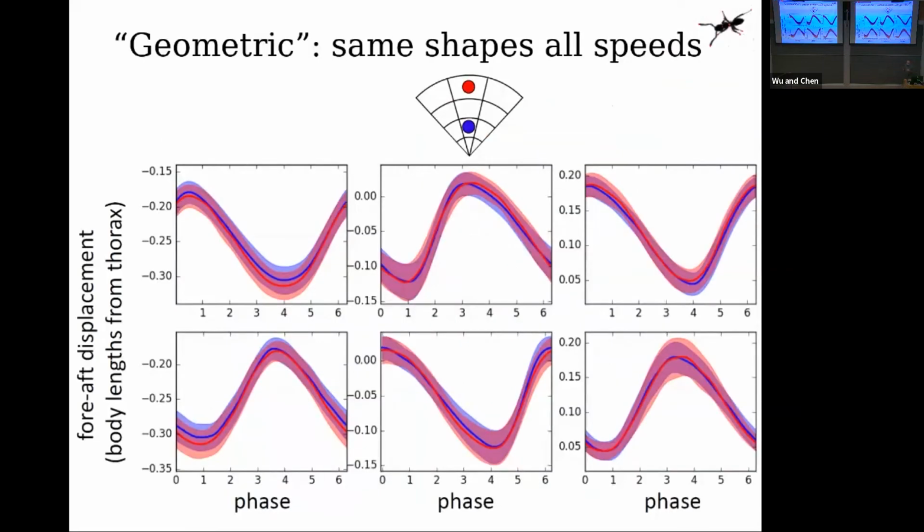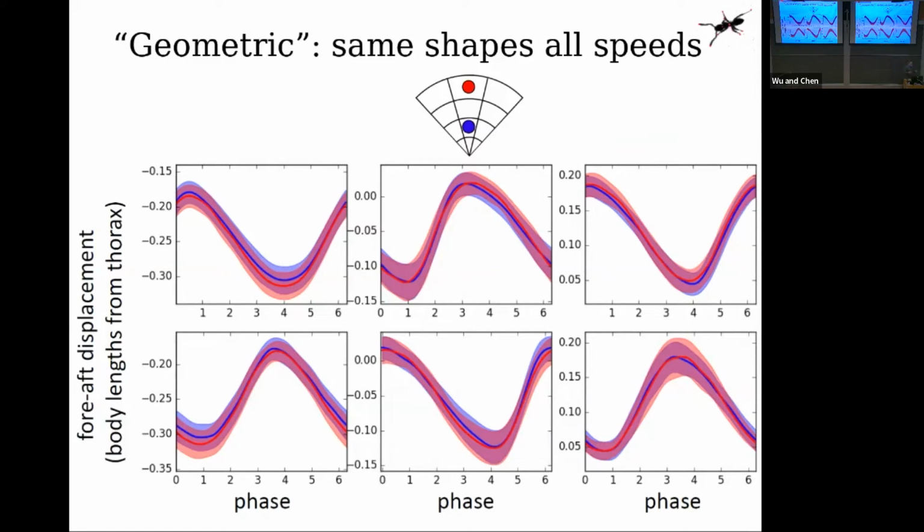We have going mostly straight, turning right, turning left, that's one axis, and then speed, 4 quartiles. We ignore the lowest quartile because when ants are walking very slowly, they do a whole bunch of behaviors that aren't just locomotion. But they can be walking in the 2nd quartile, 3rd quartile, 4th quartile of their velocity.